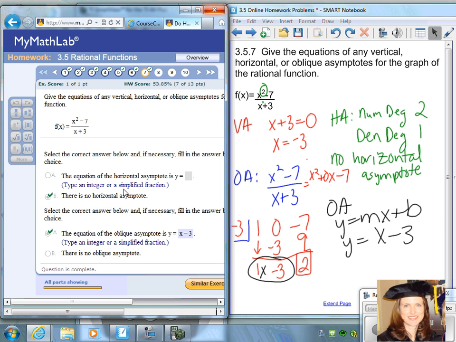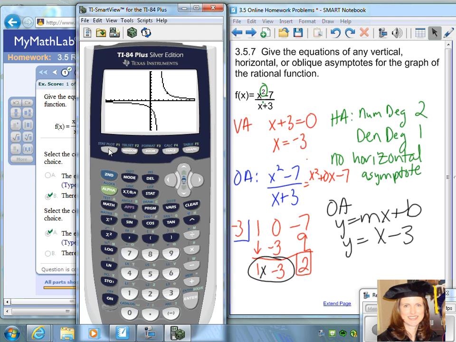Now you can check that this has a vertical and an oblique asymptote by looking at the graph with a calculator. When you go to the y equals, you want to put the entire numerator in parentheses. So I'm going to write this as x squared minus 7 in parentheses, divided by, in parentheses, the entire denominator, x plus 3.